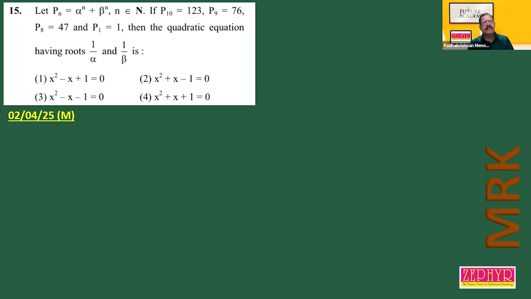But here the equation is not known. Is it possible for you to find out alpha and beta? That is our question. Pn equal to alpha raised to n plus beta raised to n.